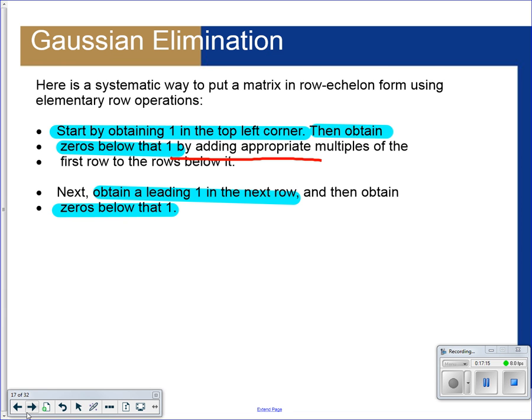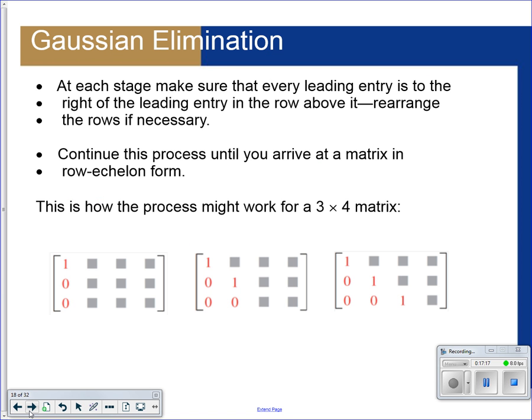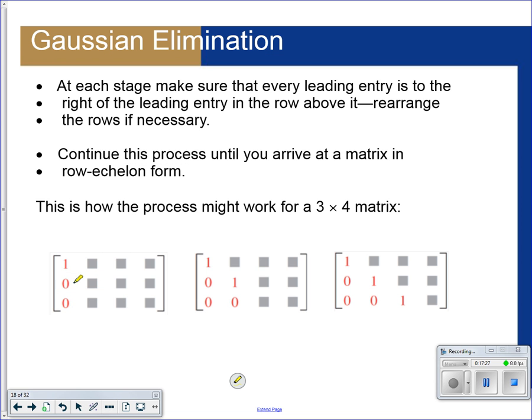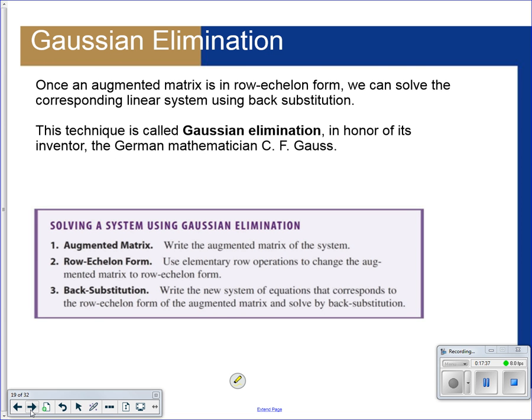We'll go through that part together. At each stage, you want to make sure that the leading entry is to the right of the 1 above it, and that you have zeros underneath your leading 1. Then that will be row echelon form, and you can use back substitution in order to solve.